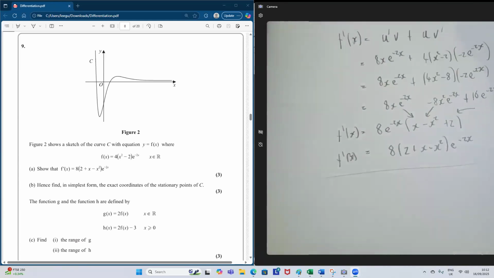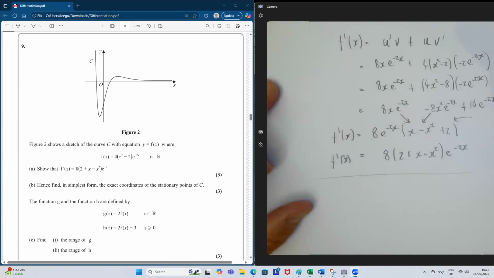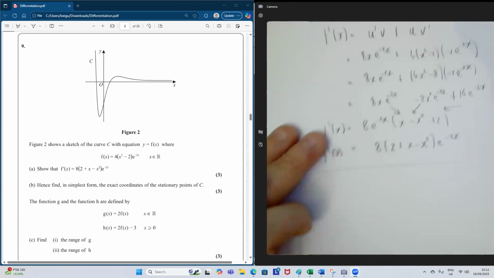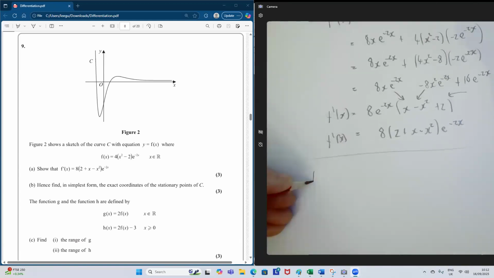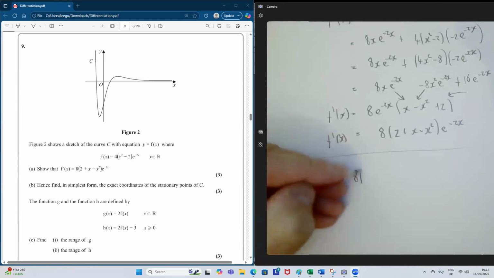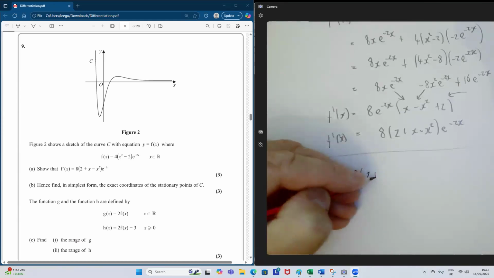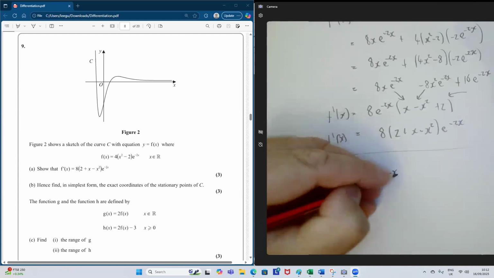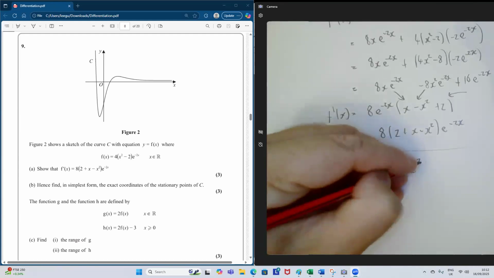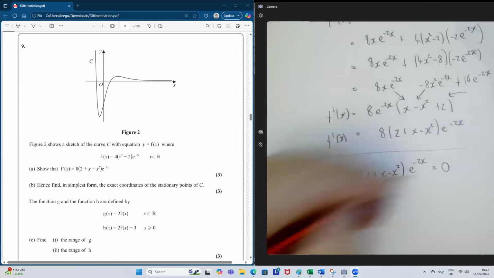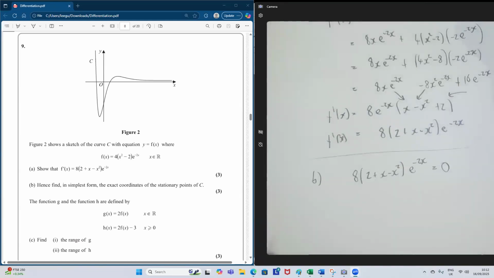So for part B, we're going to say that 8(2 plus x minus x squared) times e to the minus 2x is equal to 0. And then we're going to solve that, okay?